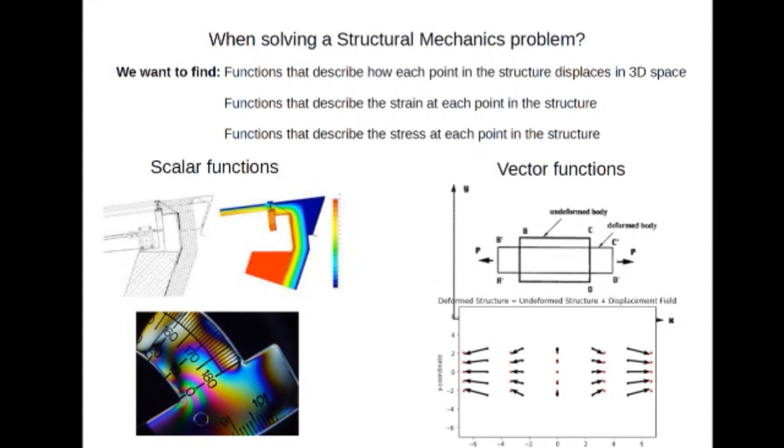This protractor, for instance. But what we're seeing here is not the strain in its full glory. We're seeing a scalar version of it, a different color at each point. It's almost like taking a stress that has X and Y and shear components, and converting it to a von Mises kind of quantity. With von Mises, you scalarize stress to get some of the important information out. That's another way we can get scalar functions.